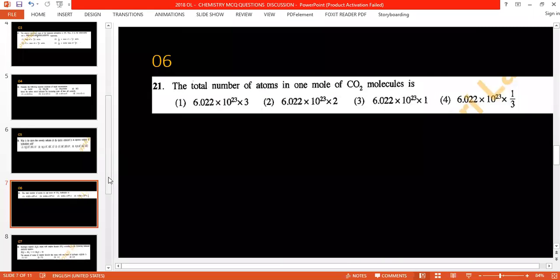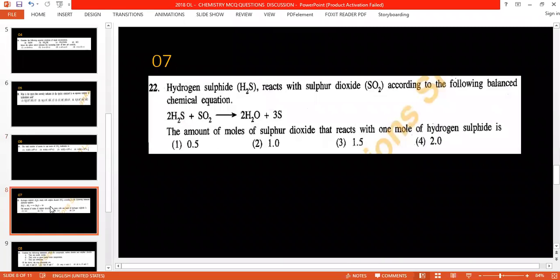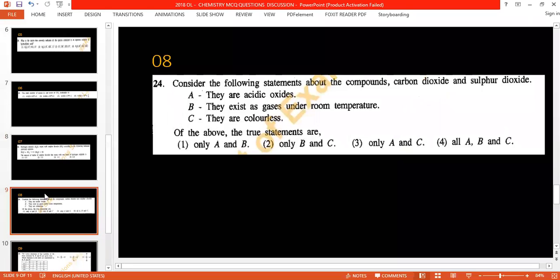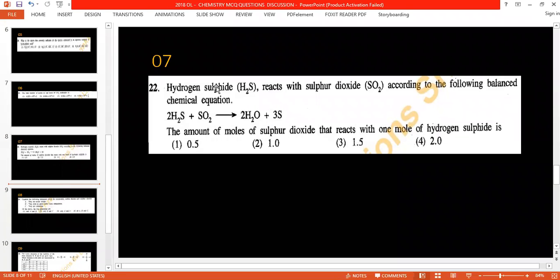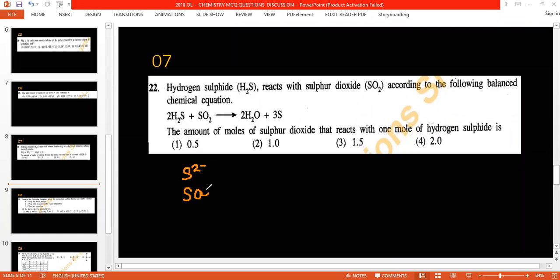Let's move to question number 7. Hydrogen sulfide, H2S. Before I start this one, you just need to know this. Listen here. This is HS minus, SO4 2 minus, SO3 2 minus.